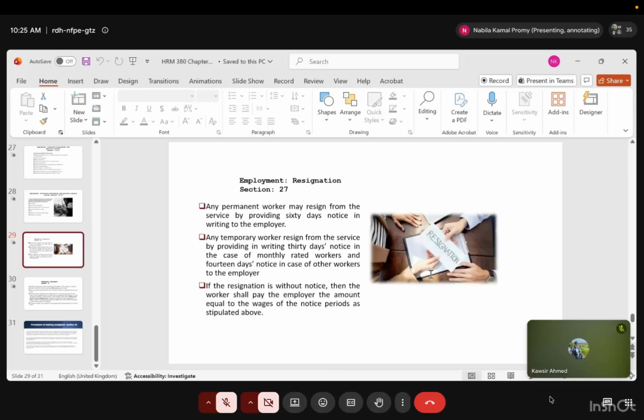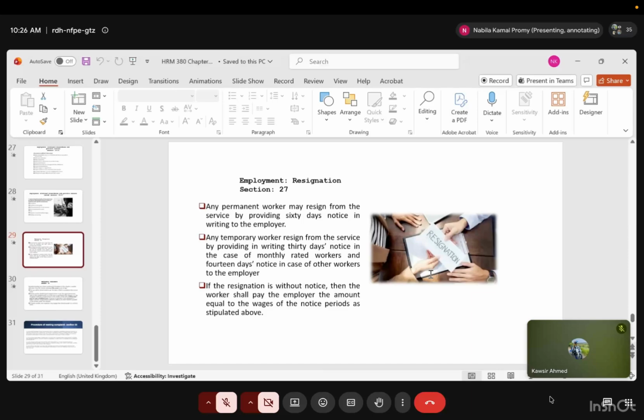Usually a permanent worker can resign by providing a proper resignation letter with a 60-day notice in writing to the employer. Resigning doesn't mean that, as an employee, you can leave the company anytime you want, but usually you have to give 60 days notice.